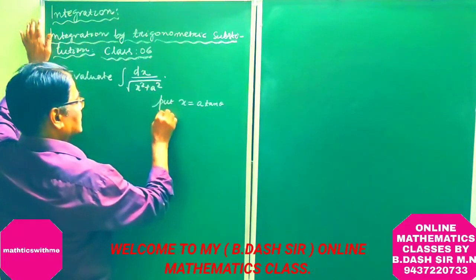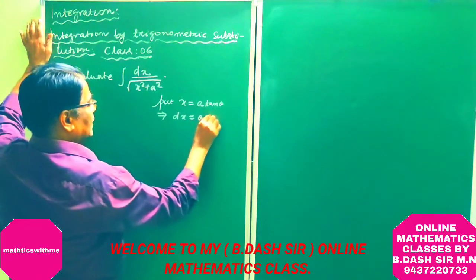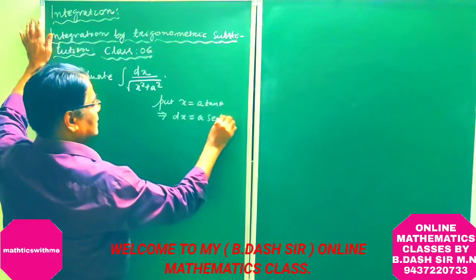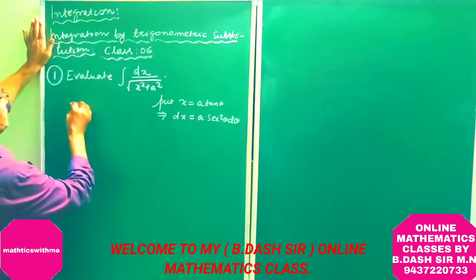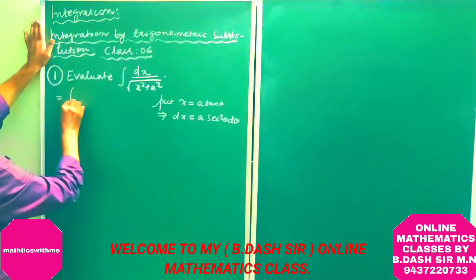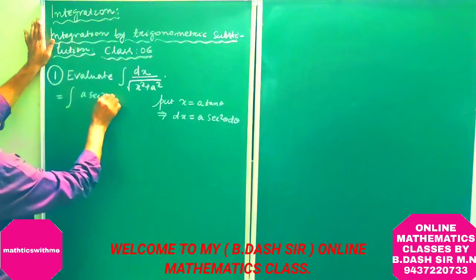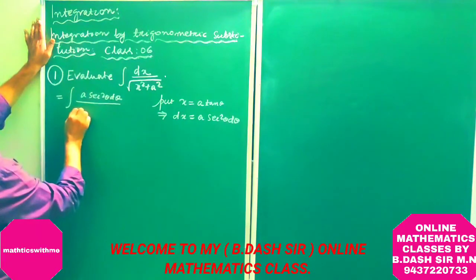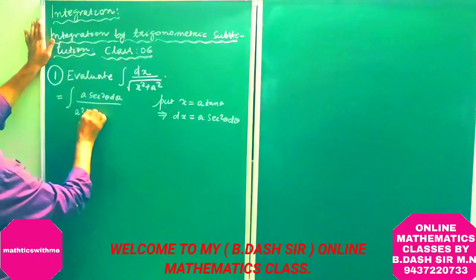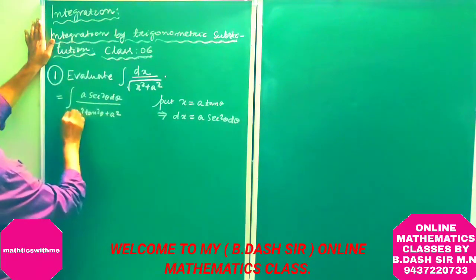So this implies dx is equal to a sec square theta d theta. Then the given integral becomes a sec square theta d theta divided by the root of a square tan square theta plus a square.